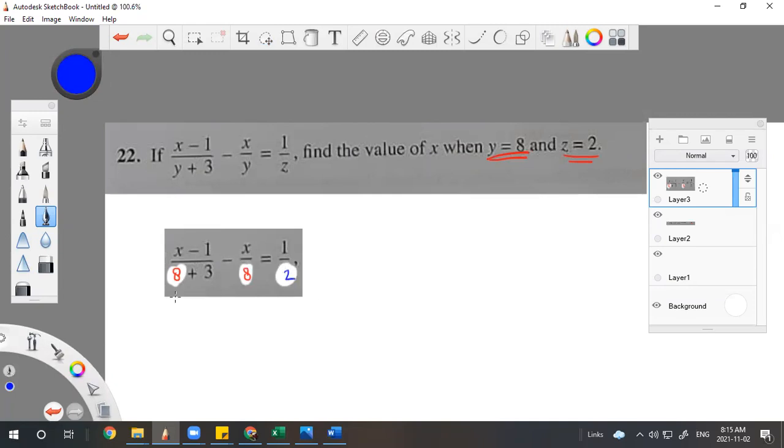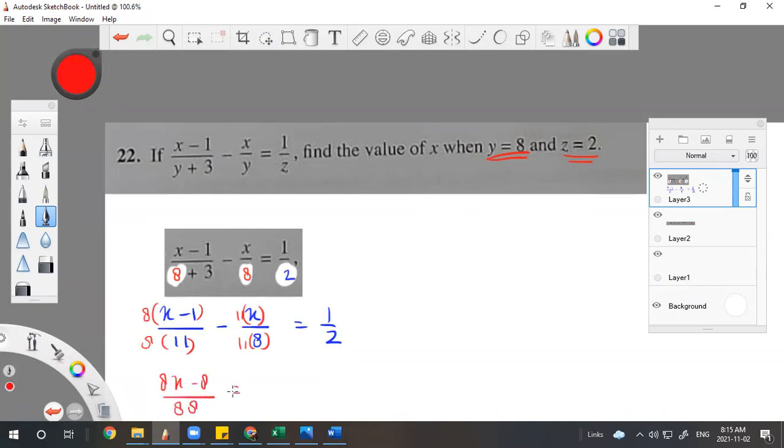Oke, berarti kita gampangin ya. X minus 1 over 11, x over 8 1 over 2. You see 11 and 8 gampang nih. Kalau 11 8 itu langsung kali 8, ini kali 8. 11 and 11, right? So 8x minus 8 over 88 equals to 11.